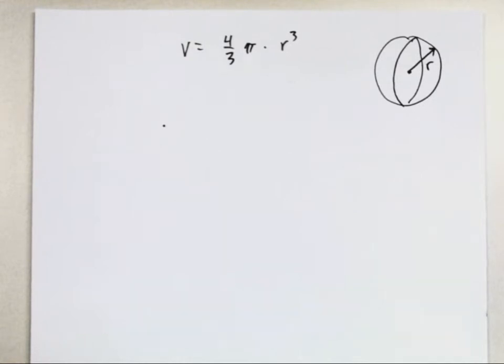So here, before I even start looking at all those numbers in detail, I know what's going on is things are changing. The volume is increasing, the radius is increasing.